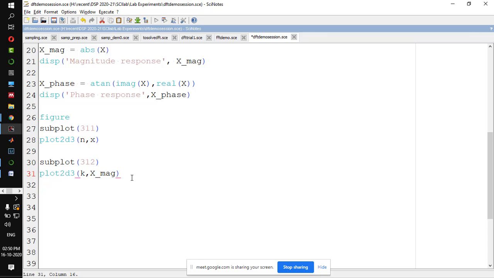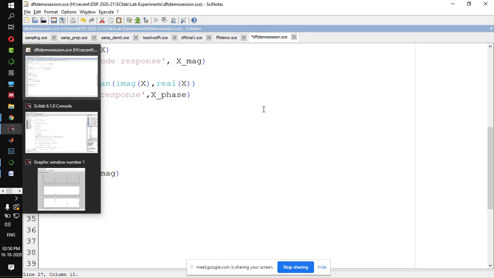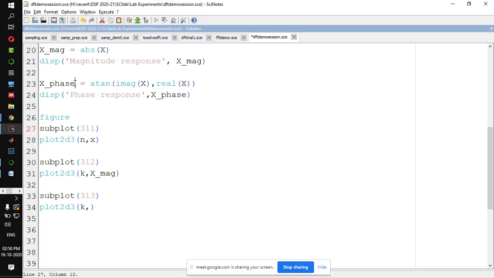Now in the third figure, subplot 3 1 3, plot2d3. So the phase angle of x of k is to be with respect to k comma phase. So phase is here. So this is what I want to plot.